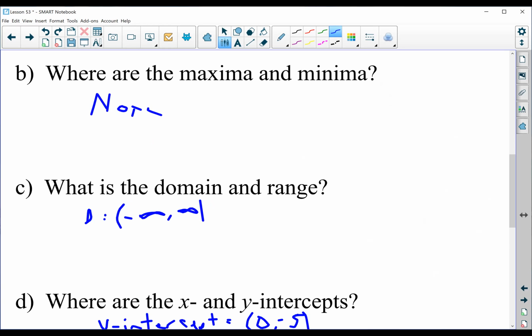And the range, that's where the graph really helps. In this case, is there a y value that we can't get? No, so that's going to also be from negative infinity to positive infinity.